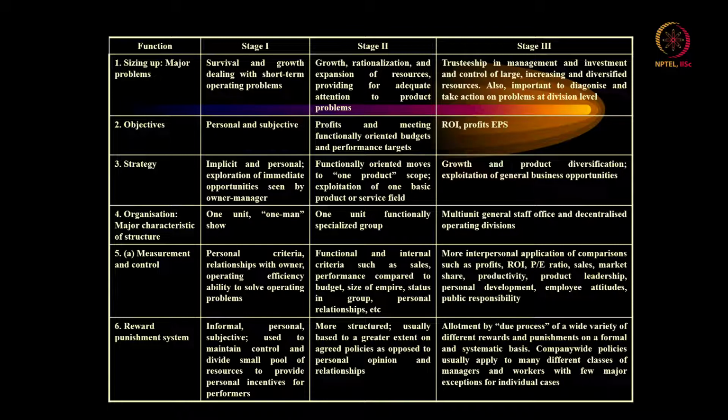Company-wide policies usually apply to many different classes of managers and workers, with few major exceptions for individual cases. At stage 3 itself, you are seeing the wide spread with reference to the decision making, resulting in rewards or punishment or whatever.